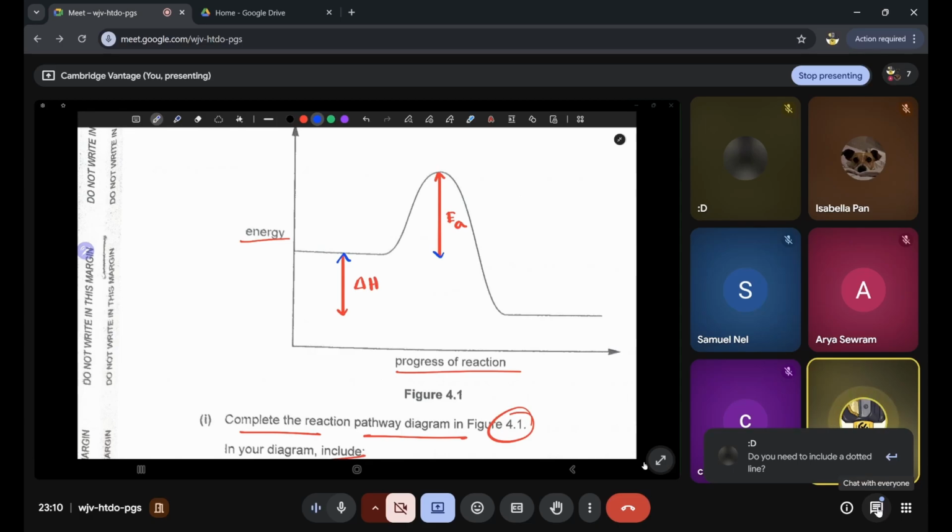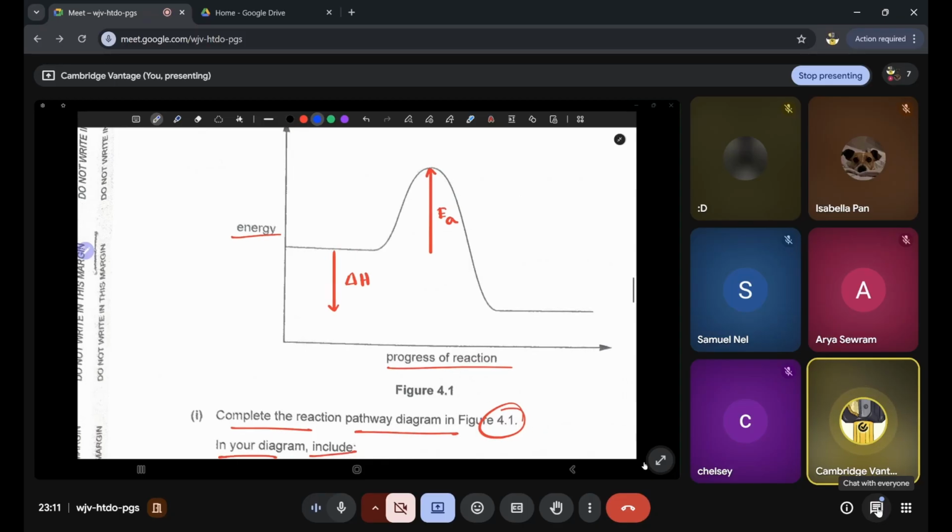No, the dotted line is not required. Yes, you can draw it for reference. That way it will be more accurate, but it's not mandatory. And as I was saying, do not give a double-sided arrow because the arrow indicates the sign of the value. So since for this one enthalpy change was negative, the arrow is downwards. If you give the double-sided arrow, that defeats the purpose.